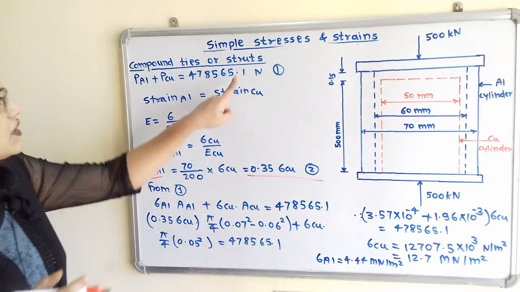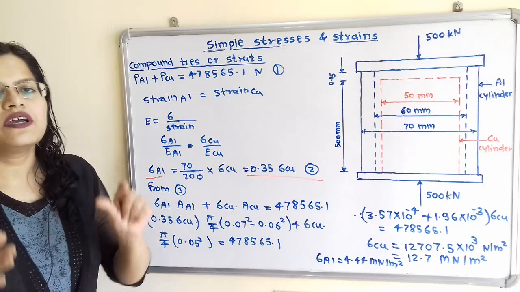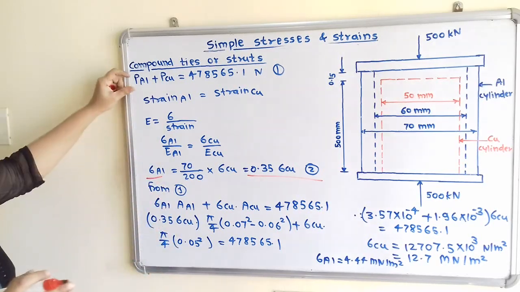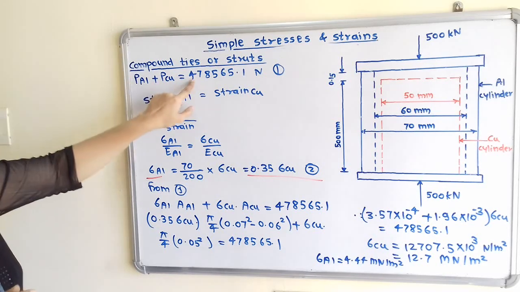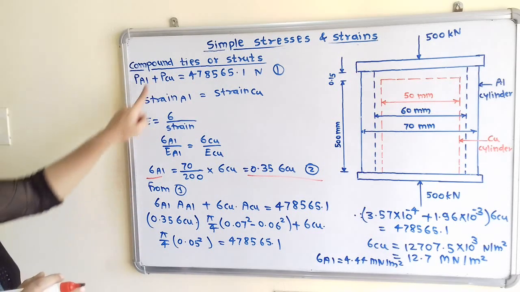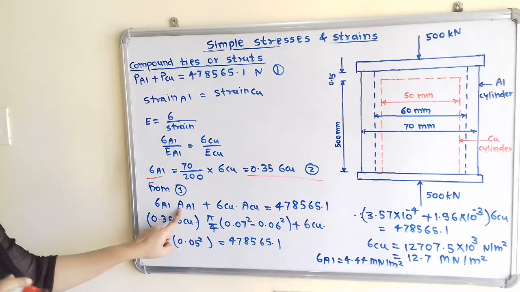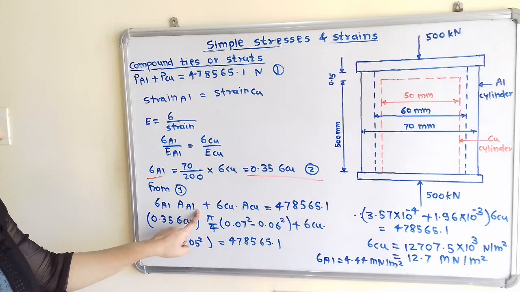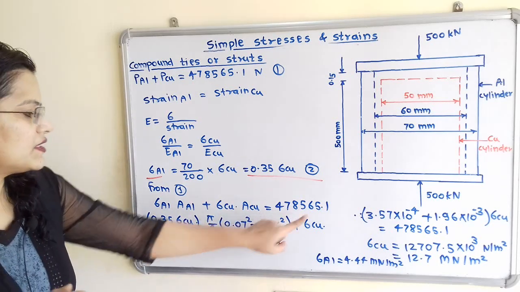Now from equation number 1 we can also write the equation in terms of sigma, because it is given that P aluminium plus P copper is equal to this value. So instead of P aluminium, we can write sigma aluminium multiplied by the area of the aluminium cylinder, plus sigma copper multiplied by the area of the copper cylinder.